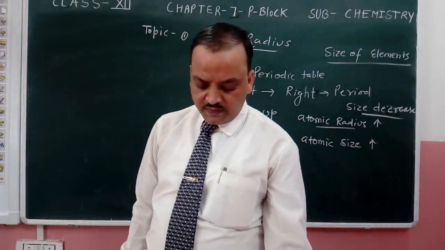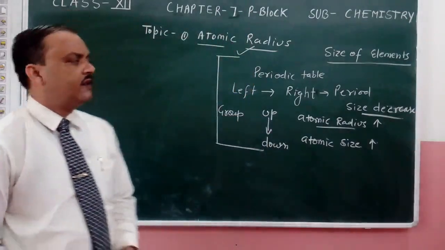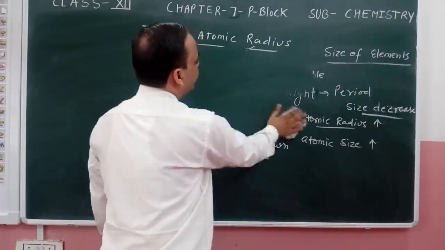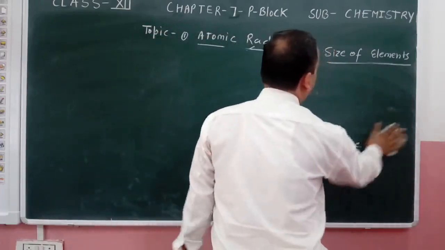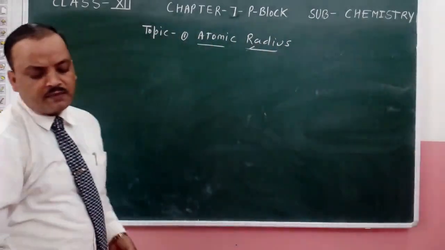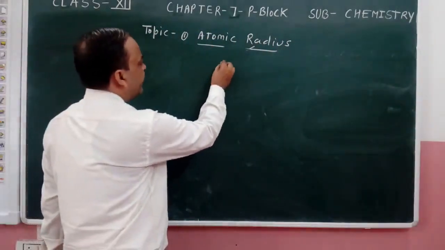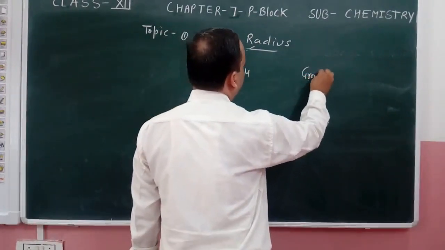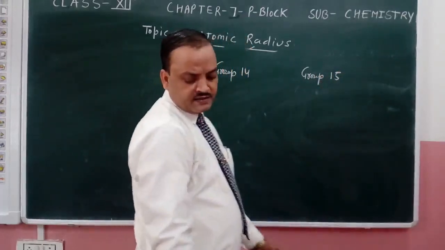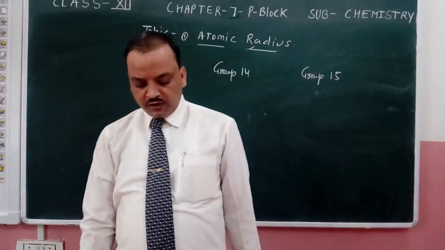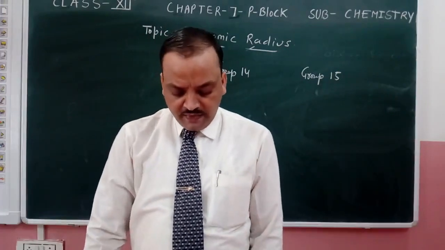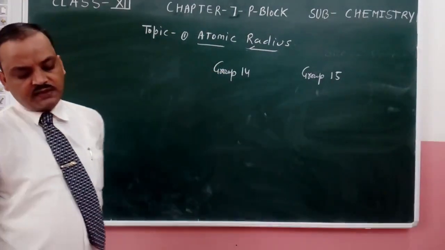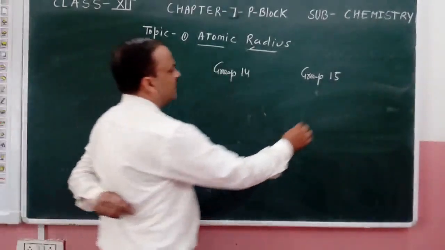Now, when we have a comparative study among the elements of different groups, if we compare the atomic size of group number 14 and group number 15, the nitrogen family elements, the atomic and ionic radii of the elements of the nitrogen family are smaller.